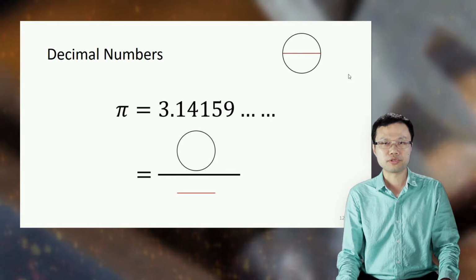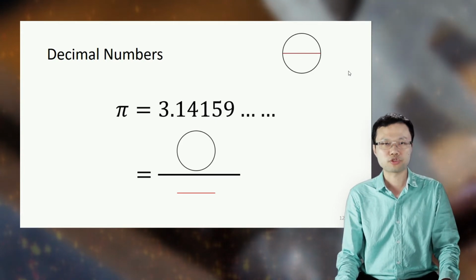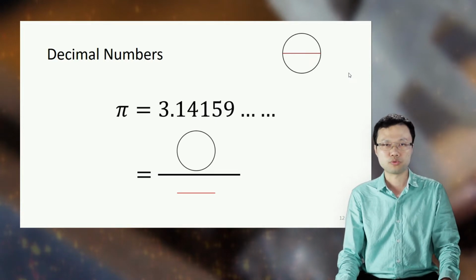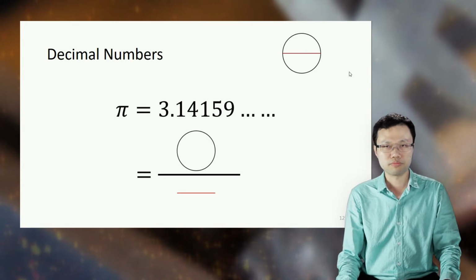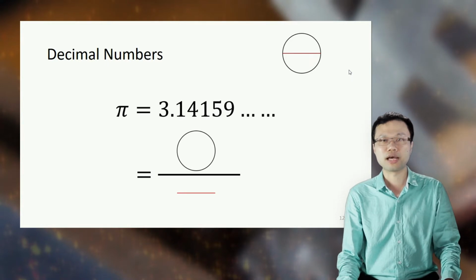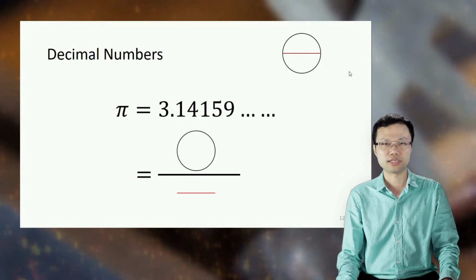Such a number is given a special name, an irrational number, because it cannot be written as a ratio. This property is far from simple, nor is it perfect. This is evidence that nature may not be as perfect as we think.